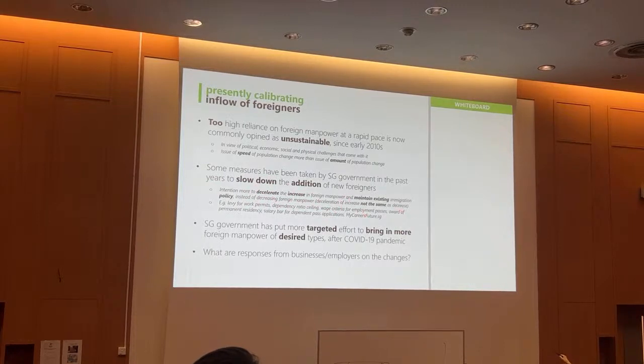Slowing down the increase and decreasing are two different notions. So the Singapore government is looking at slowing down the increase. Basically, the government wants to keep the current gradient, and does not want the gradient to become much steeper.